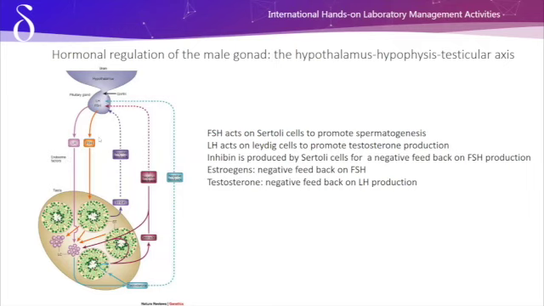Whereas FSH is negatively regulated by a feedback exerted by estradiol, which is also produced at the testicular level, and by inhibin, which is a hormone produced by Sertoli cells, which gives information to the pituitary gland to stop or to limit the production of FSH, because spermatogenesis is correctly proceeding and going on.